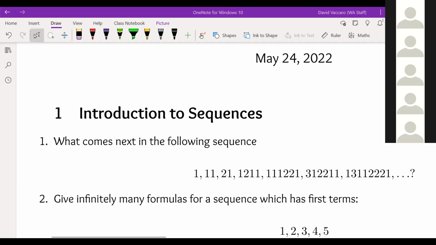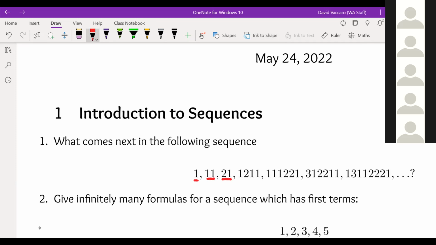I'll just say those numbers out in a slightly different way. So we've got 1, then we've got 2 1s. Sorry, then we've got 1 1. Then we've got 2 1, or 2 and then a 1.